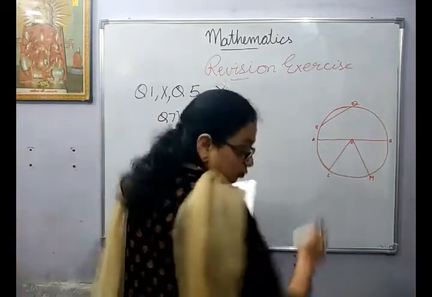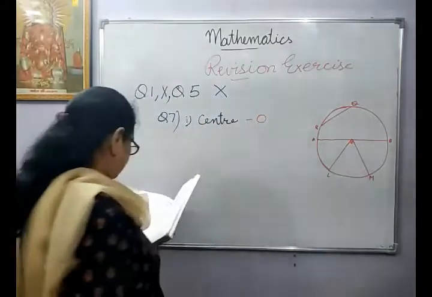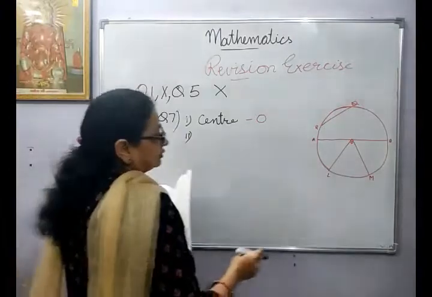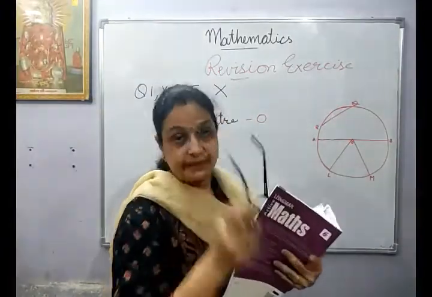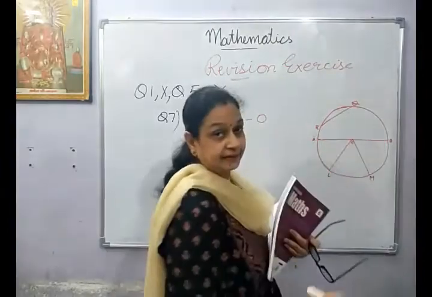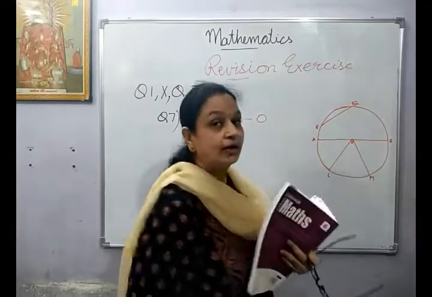So center is your O. Then the 4 radii. See children, radii means the distance of any point on the circle from its center. So this, this, this and this, they all are radii.